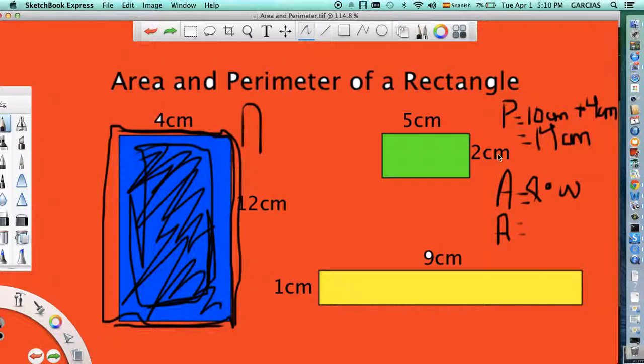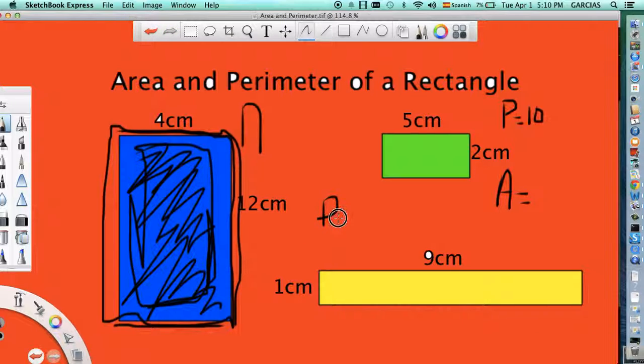Let's do the third one. So try to find it again by yourselves, and you will just check your answers with me. Okay, so let's try this one. What would be the perimeter?